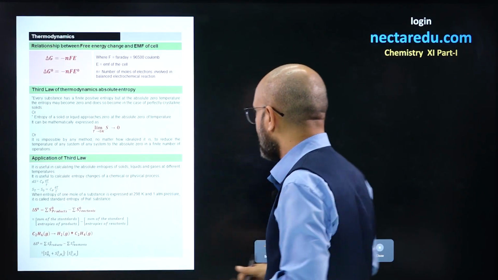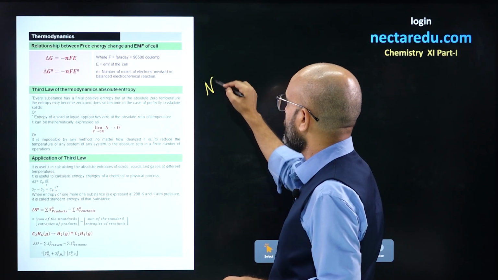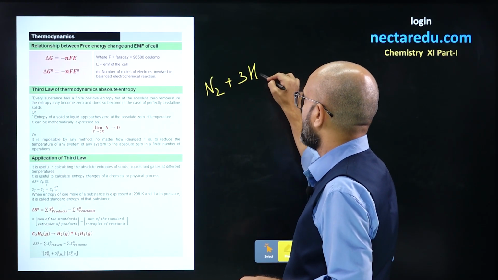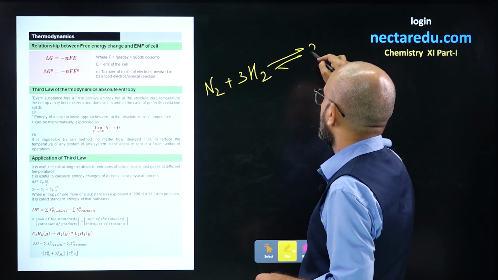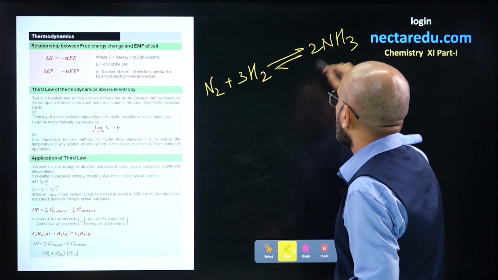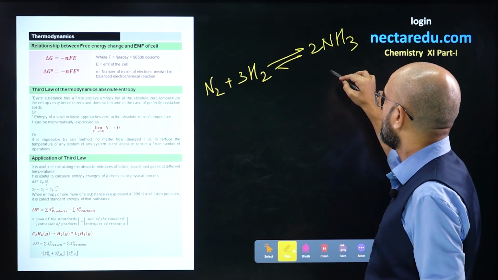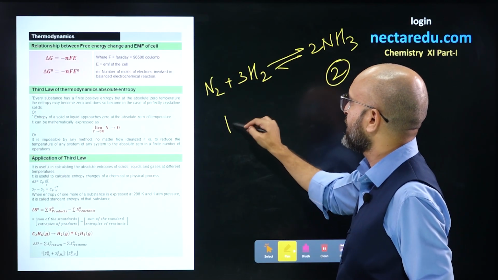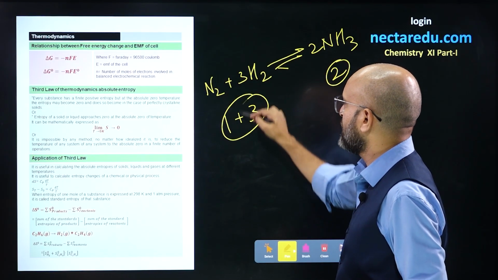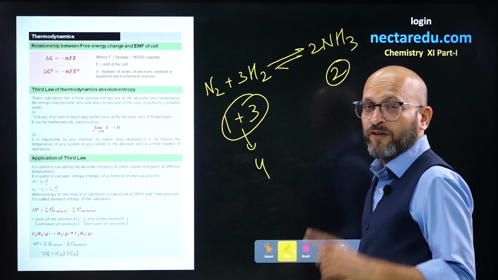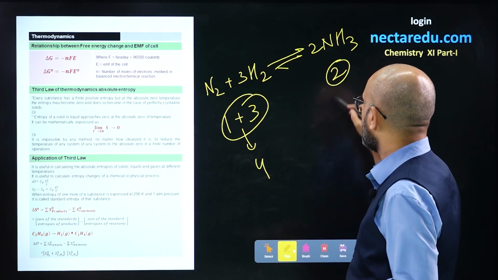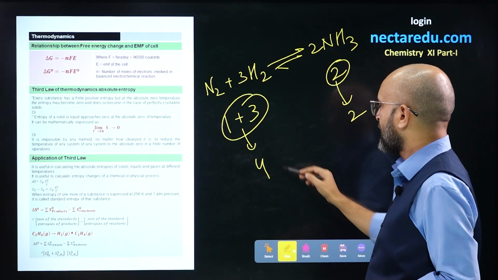For example, I will show it to you. N2 plus 3H2 gives you 2NH3. That means the number of gaseous products here is 2 and the number of gaseous reactants is 1 plus 3. That means on the reactant side we have 4 moles of gaseous reactants, whereas on the product side we have 2. So we are going from 4 to 2.